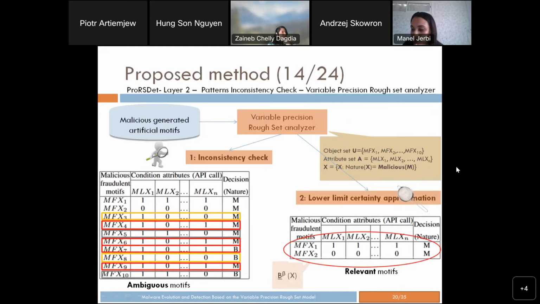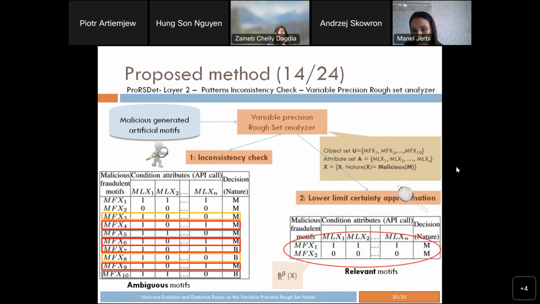After generating these artificial malicious motives, the variable precision rough set analyzer is then applied. First, those generated patterns, which are none other than our set of objects, characterized by a succession of API calls, considered here as the condition attributes, and their corresponding nature is considered as the decision attribute.